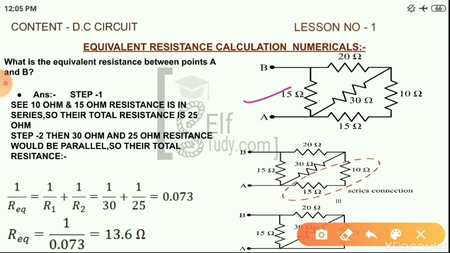First step: see, the 10 ohm resistance and 15 ohm resistance are in series. These two resistances are in series, so the total resistance will be 25 ohm.